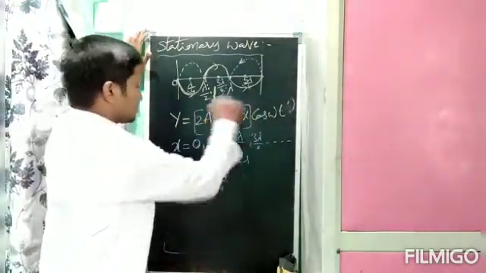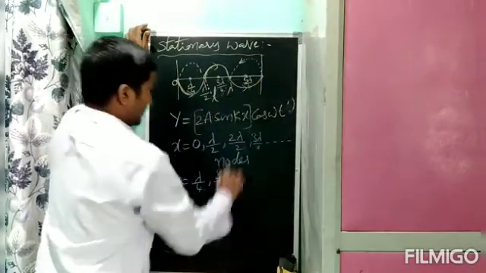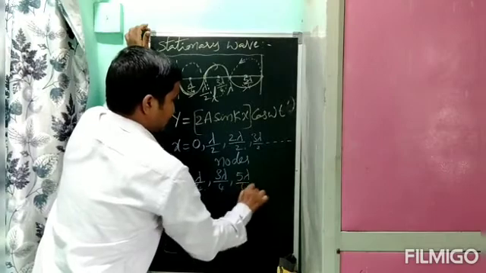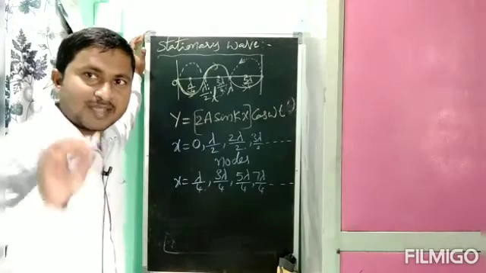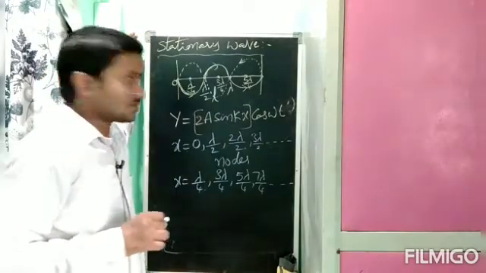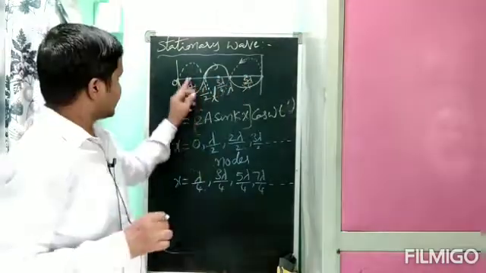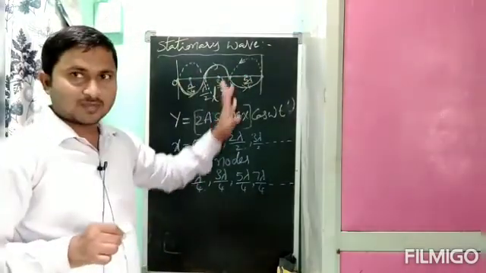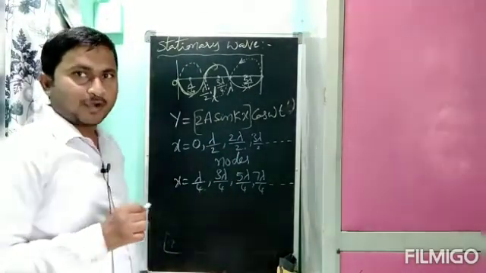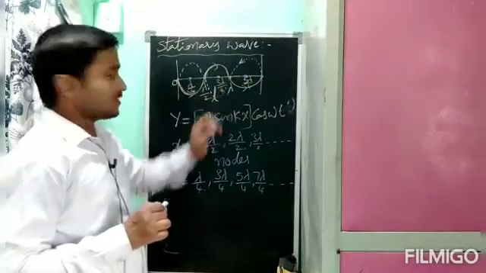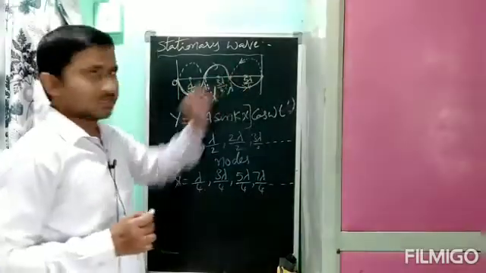So at x equal to lambda by 4, 3 lambda by 4, 5 lambda by 4, 7 lambda by 4, and so on, the resultant amplitude becomes maximum. These points on the stationary wave where the resultant amplitude becomes maximum are called antinodes.